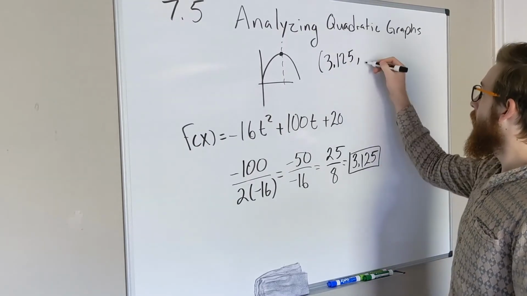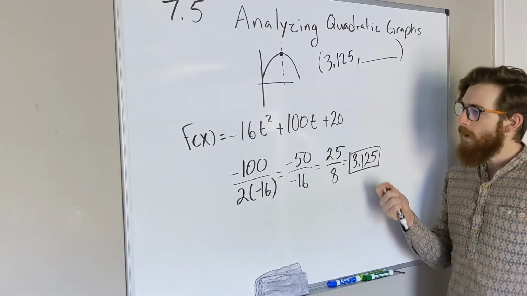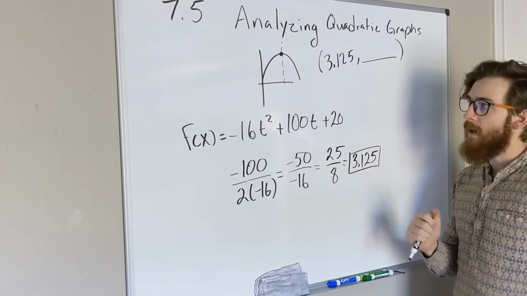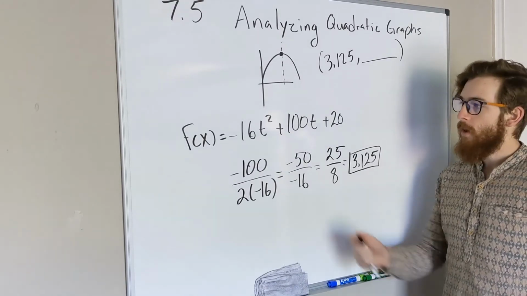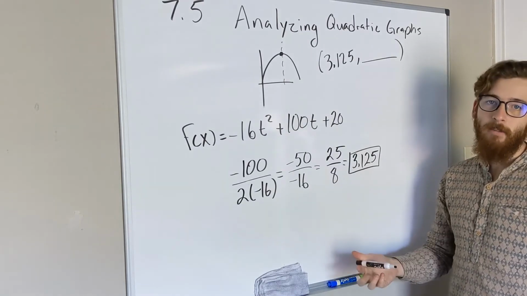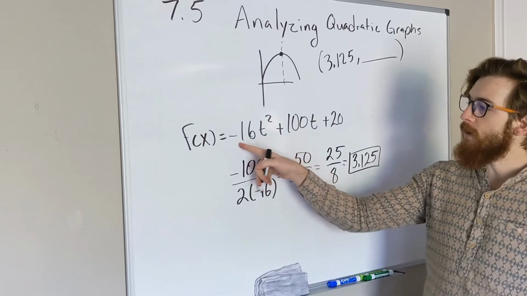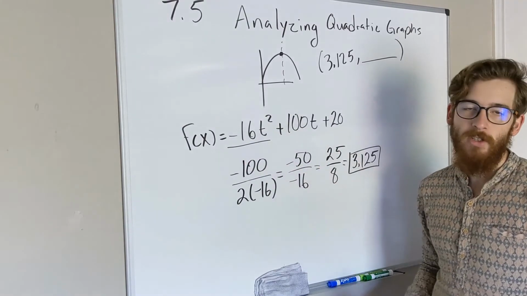We need to find how high it goes. Now, what is 3.125? I didn't really specify earlier what the t was. The t is the time it took for this thing to occur. So this thing right here is actually acceleration due to gravity.